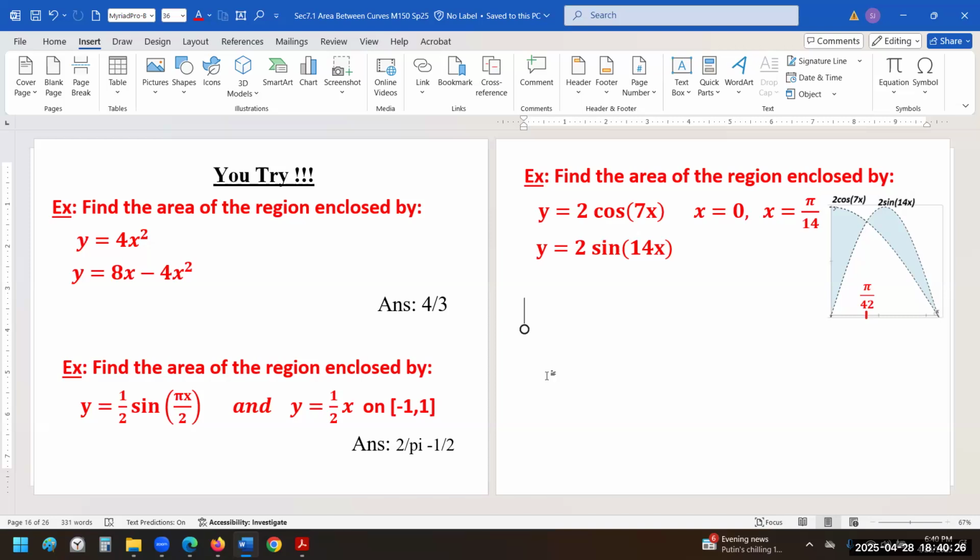So you can find negative 1 to 0 or 0 to 1. In that interval you need to know which one is bigger. If you are doing 0 to 1, you need to find a number between 0 and 1 and plug it into the functions. When you're doing negative 1 to 0, you get a negative number, and the solution is 0.